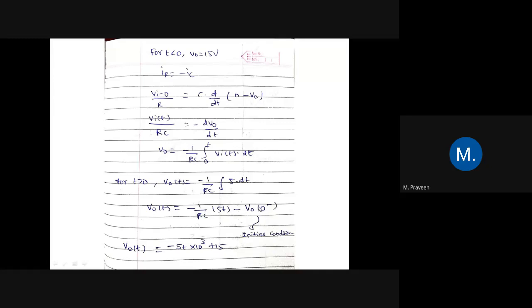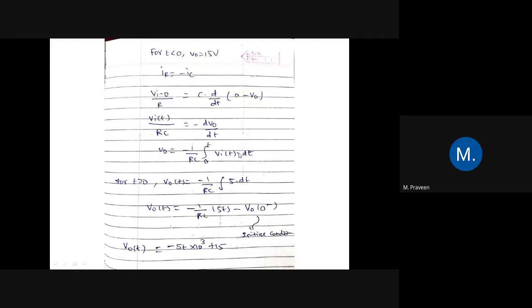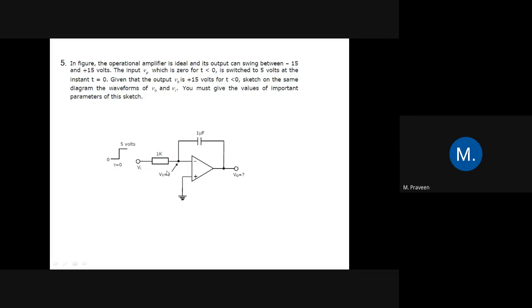V of 0 is nothing but the initial condition. The initial condition of the output is 15 volts. The question itself says initially the output is 15 volts for t less than 0. Therefore the initial value of the output voltage is plus 15. So V naught of t is equal to minus 5t into, and we have to substitute the R and C values. R is 1k and C is 1 microfarad.